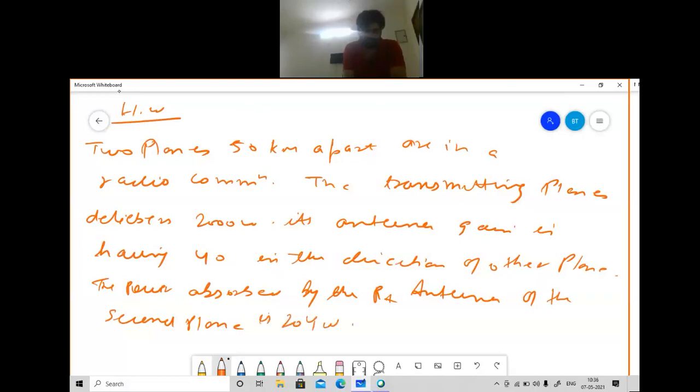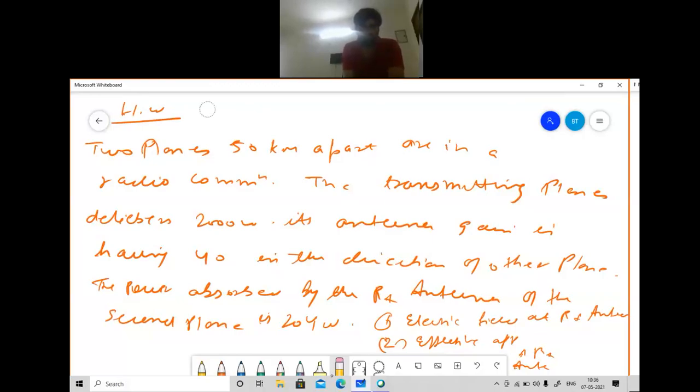So the first problem was to calculate the electric field at the receiver antenna. In the last class I told you the electric field formula. And second is the effective aperture of the received antenna. So I'll write here what is given to you.